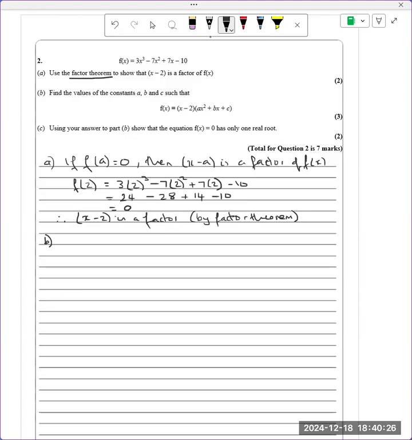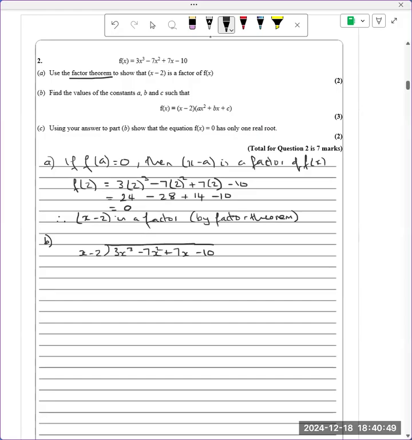That would be an alternative. I'm going to do division here. So I'm going to do x minus 2 into the cubic, which is 3x cubed minus 7x squared plus 7x minus 10, double checking all along that I'm not making any errors in copying it.